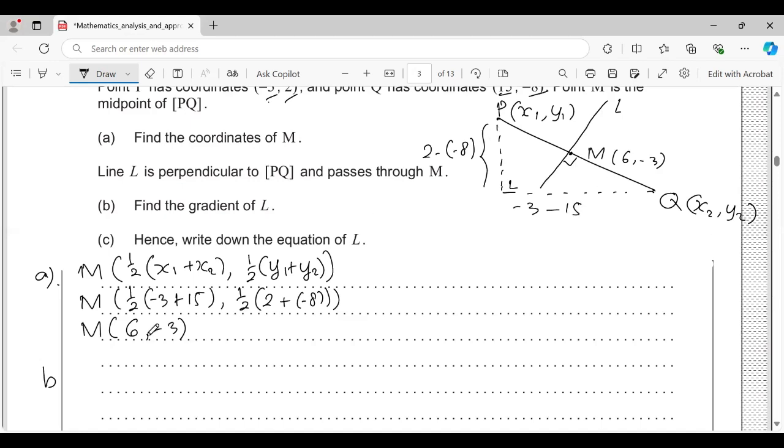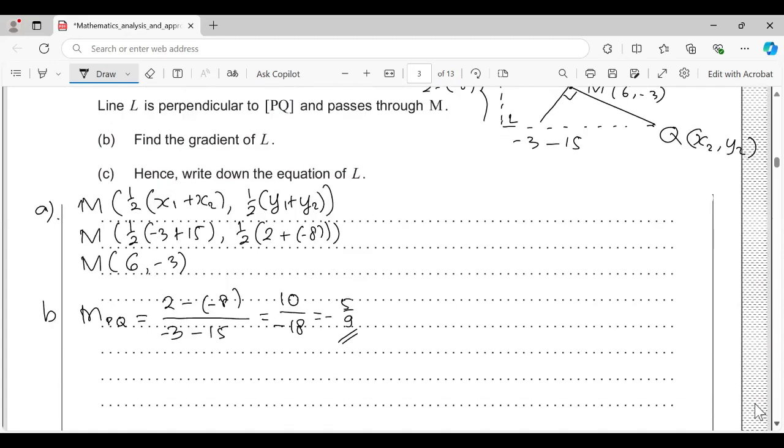So the gradient of PQ equals (2 minus -8) over (-3 minus 15), which is 2 plus 8, 10, over -18, equals -5 over 9. So the gradient of PQ is -5 over 9.